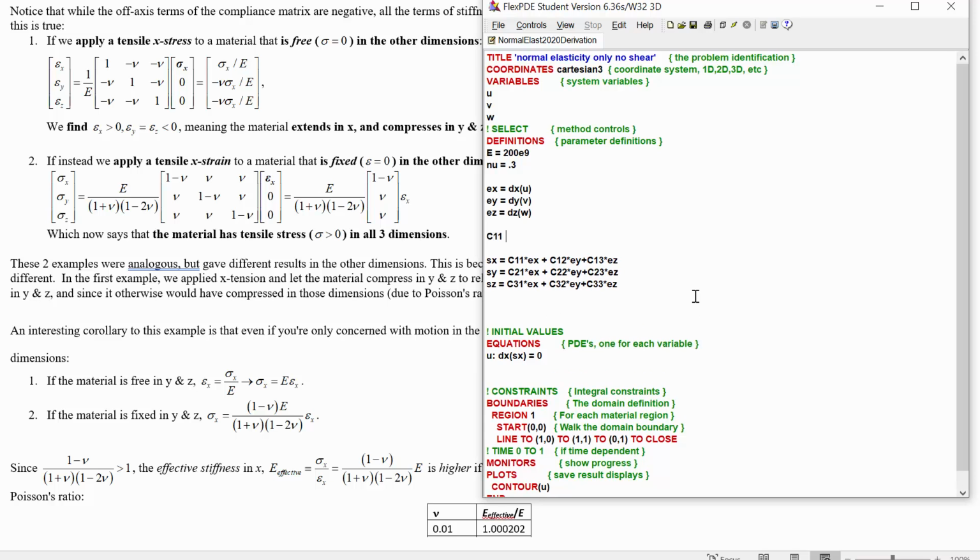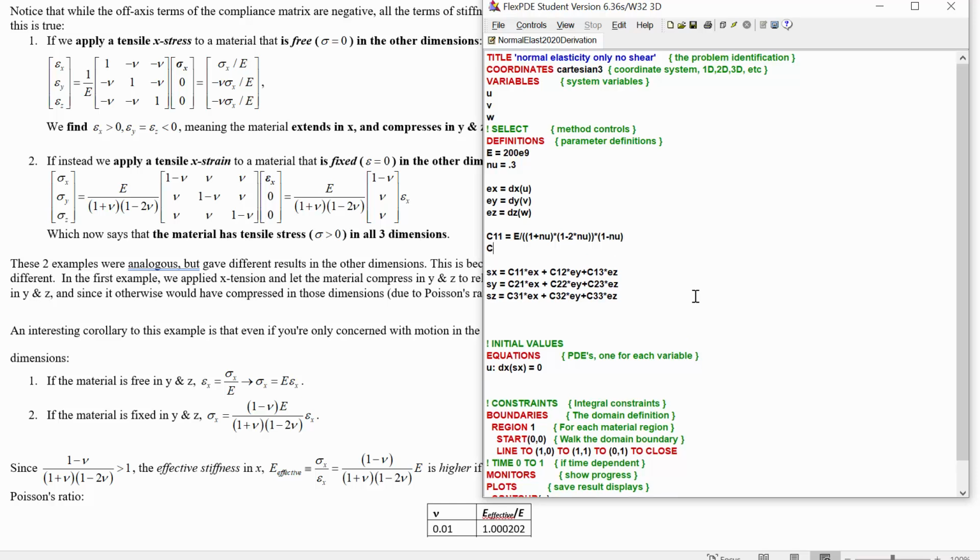So C11 is equal to E over 1 plus nu times 1 minus 2 times nu, all times 1 minus nu. And then C12 is the same thing, but multiplied by nu instead.